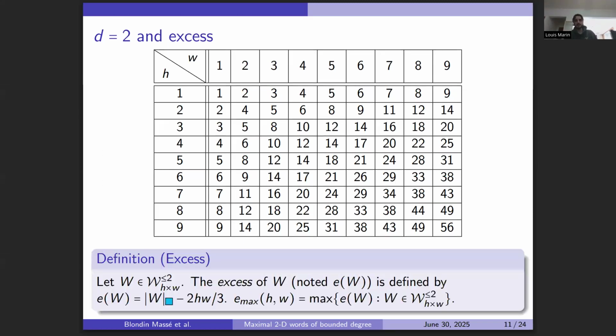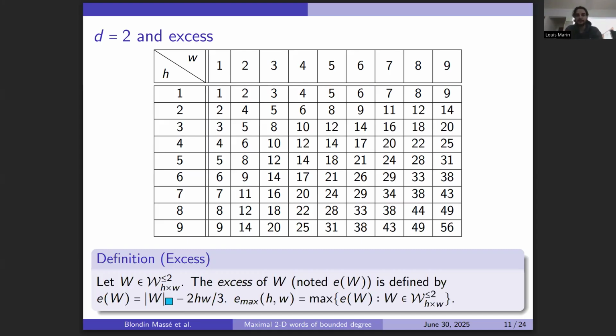But we can introduce this statistic, which we call the excess. What it does is you take the area of your word and subtract from it 2/3 of the area, basically 2/3 of the number of letters.